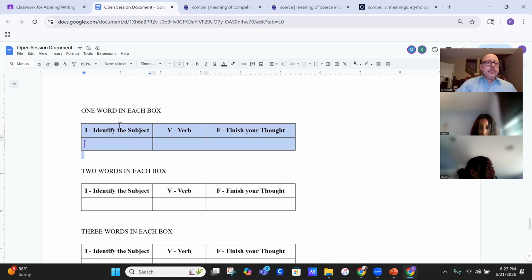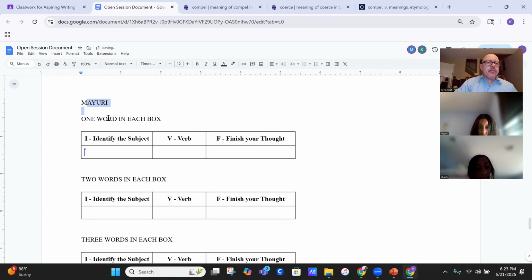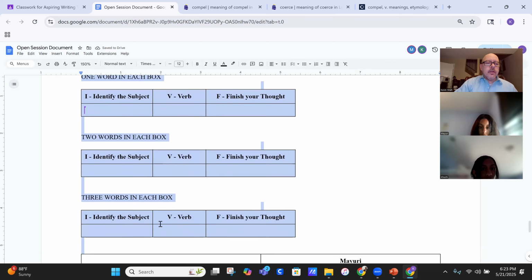We're going to duplicate this. This is going to be Mayuri's. That's your whole section, and I'm going to copy and paste this for Kushi.